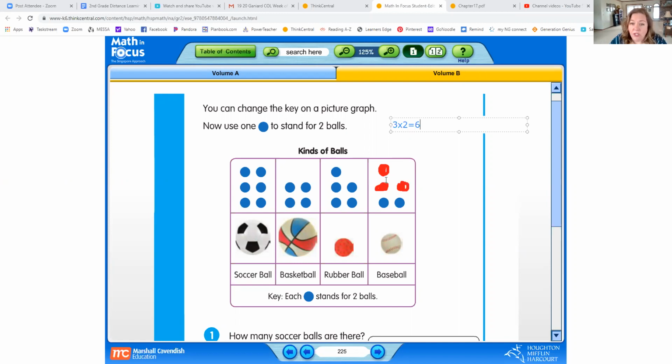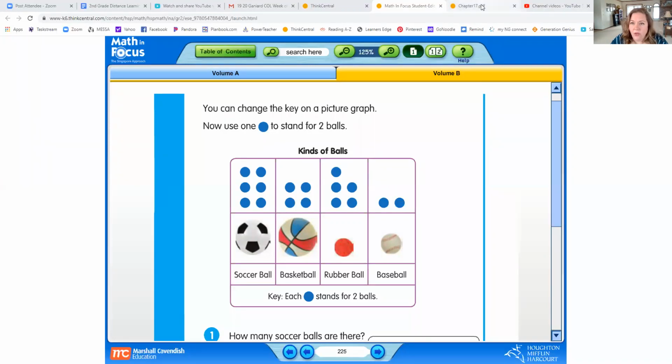Even though I only drew 3 blue, or in this case, I used red to show you the difference. Even though I added 3 more circles to our picture, we have to remember that those circles represent 2 balls. I would have to add 3 circles to represent buying 6 more balls.